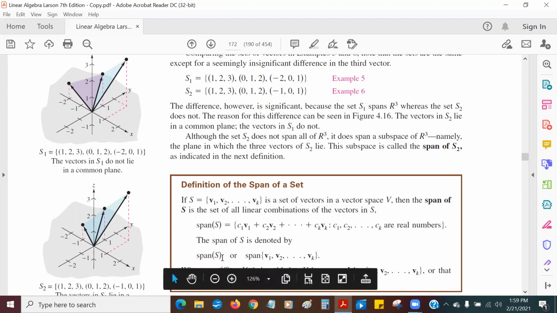Sometimes we write span of S like this, sometimes we write span of these vectors like that.